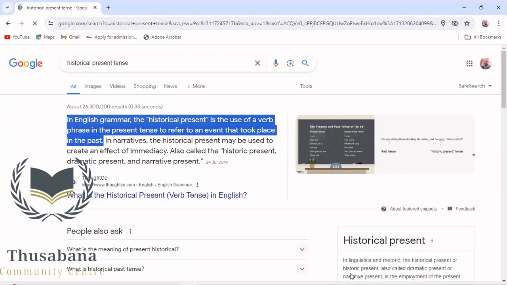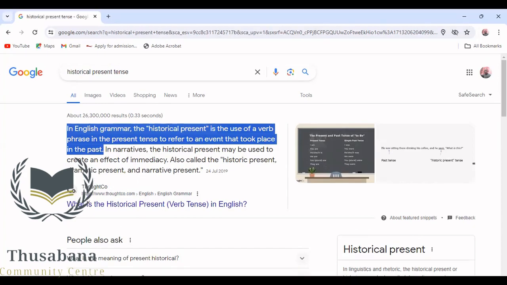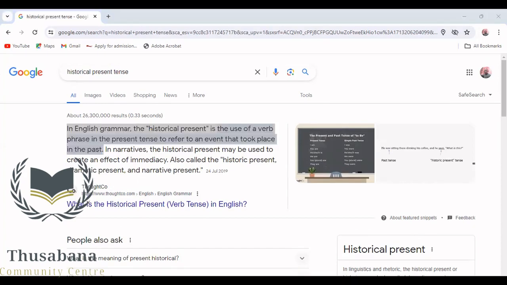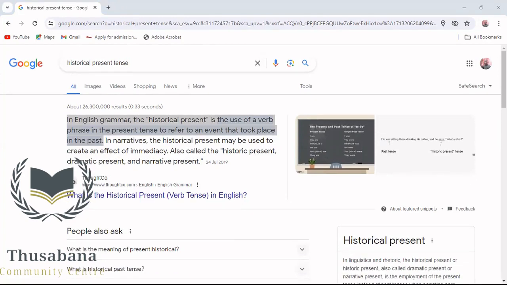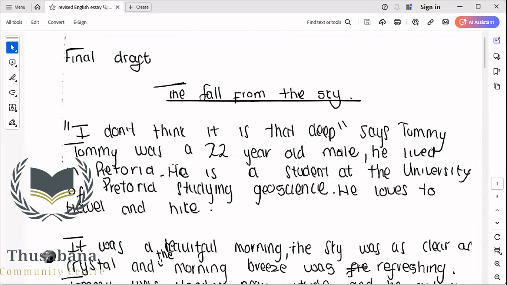Let's go to the essay and just look at the examples of the tenses that you used. Okay, so it should be on your screen any minute now. Great.